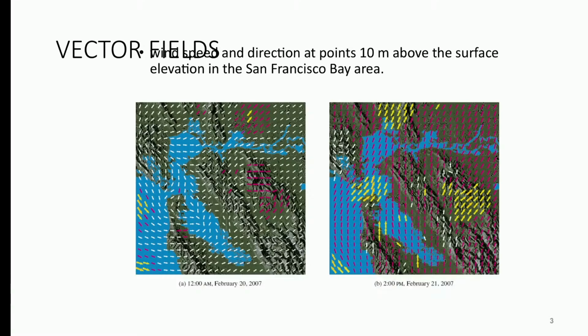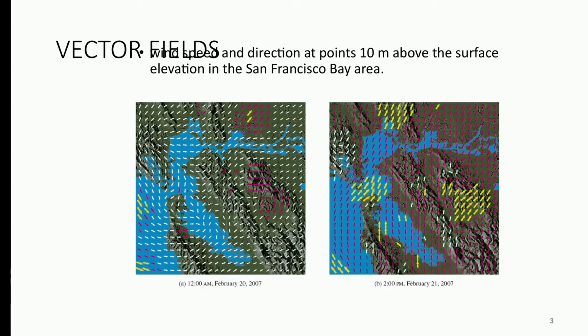I think this is typically what it's like in San Francisco. It can be quite windy. Each arrow points the direction, and it indicates the amount of the velocity. Here winds are blowing upward and around. Here the winds are kind of swirling. They're not as strong. But that's an example of a vector field.